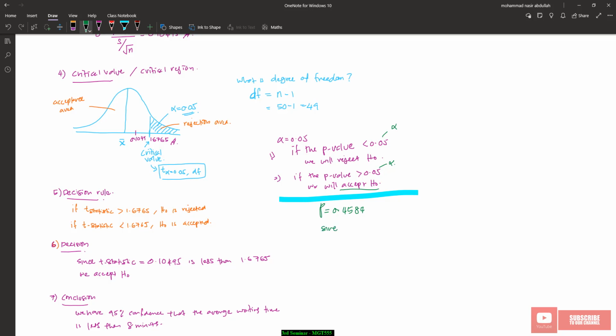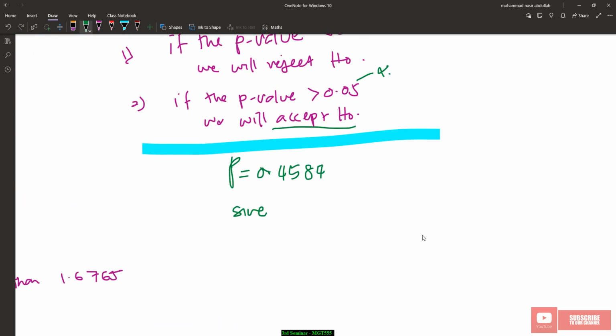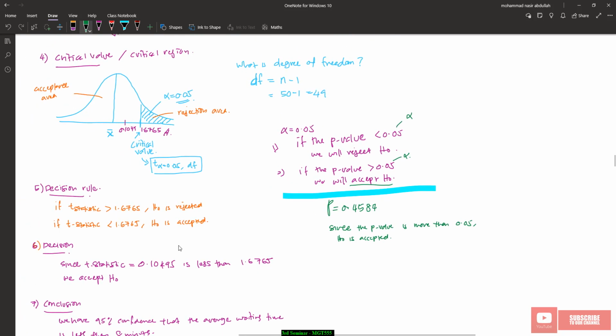Since the p-value is more than 0.05, the null hypothesis is accepted. So kalau kita tengok the concept of critical value dengan konsep of p-value, dia tidak akan bercanggah.